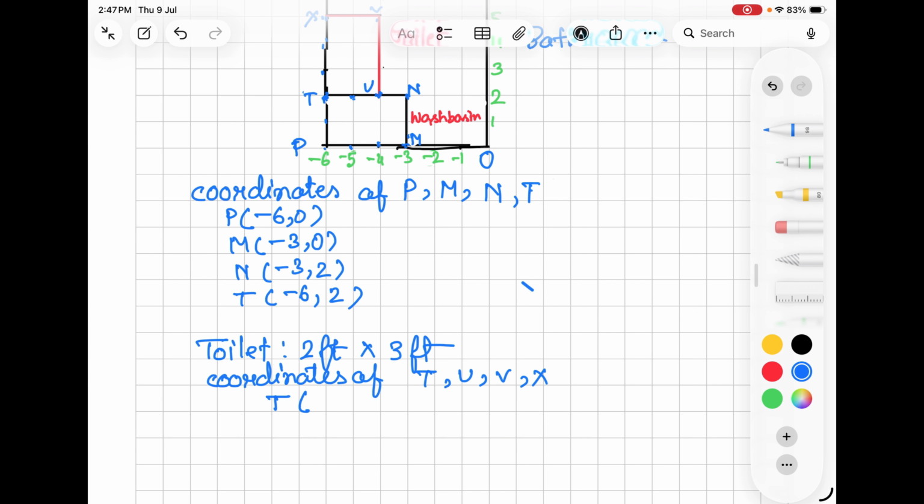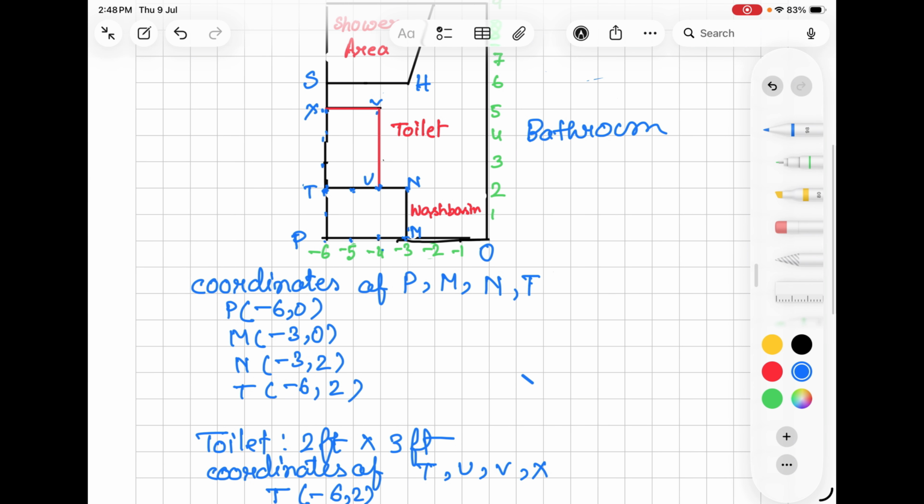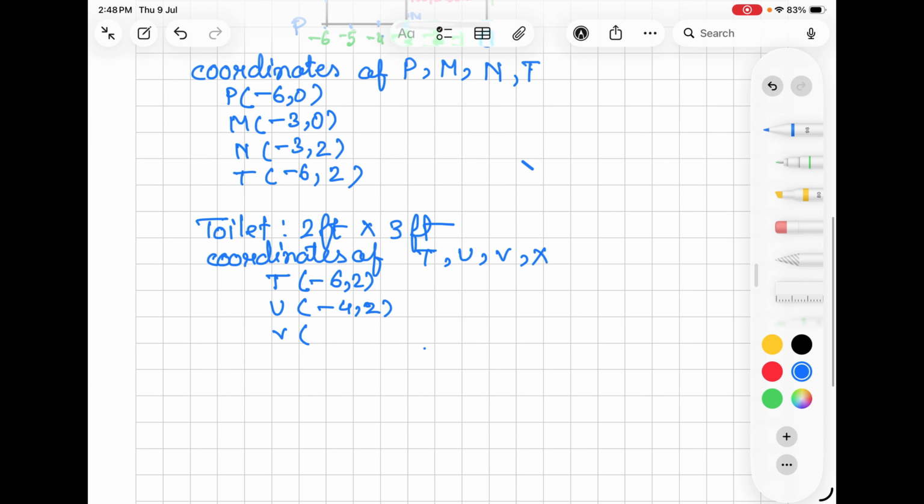T is -6, 2. U is -4, 2. V, what is the V? -4, 5. And X -6, 5.